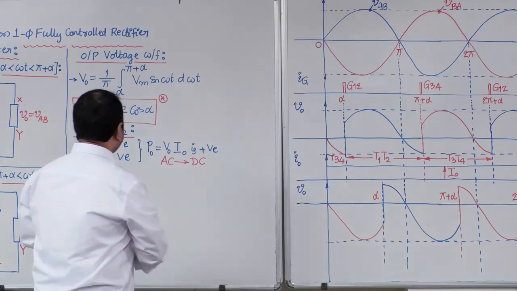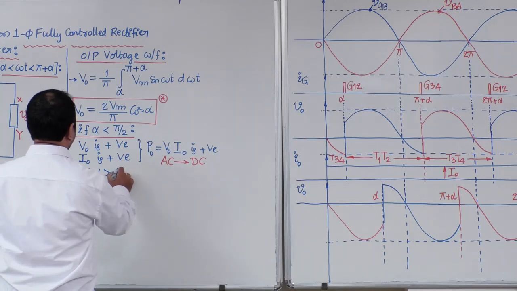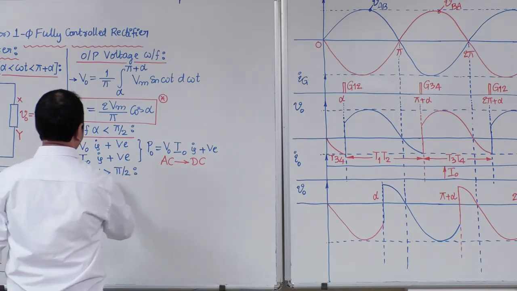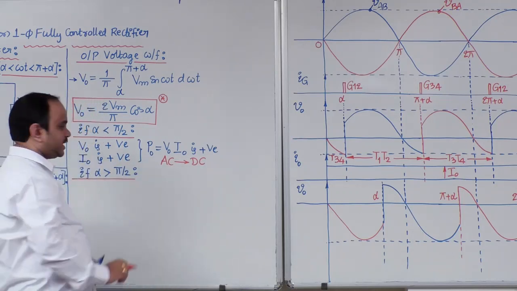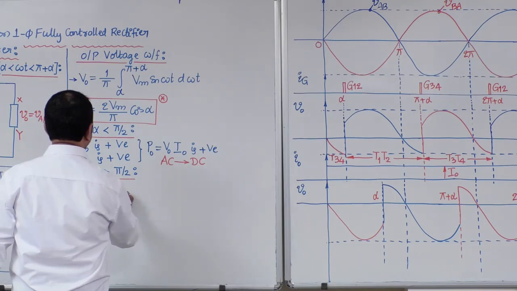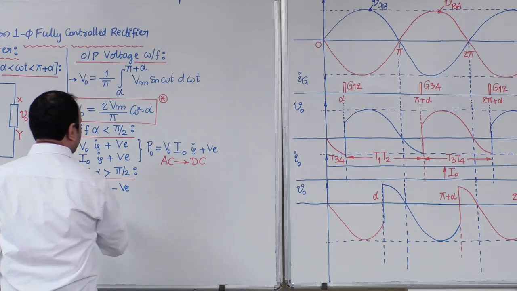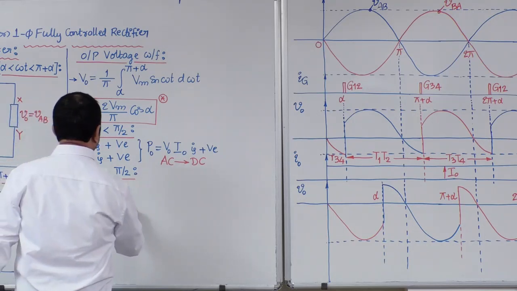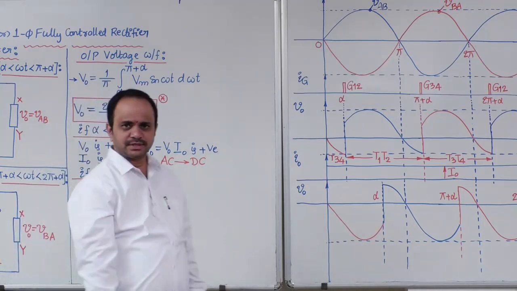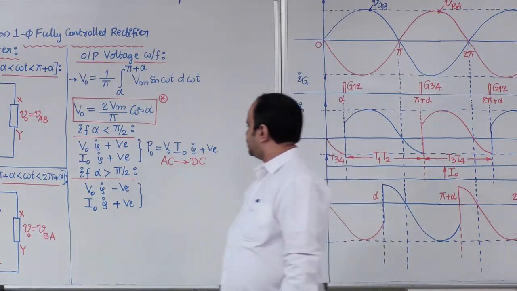Very important property. Now, if alpha is greater than pi by 2, then V0 is negative because the area under the V0 waveform is negative, but due to the unidirectional property of the devices, output current is always positive.